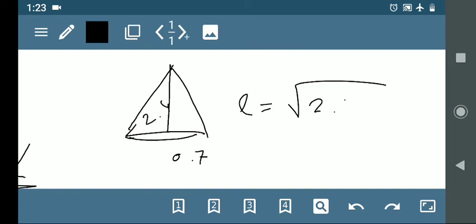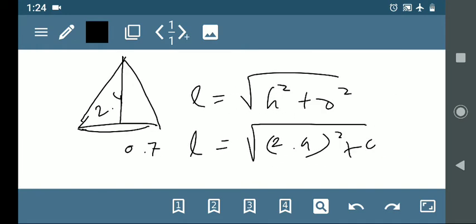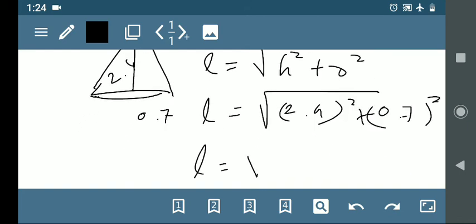L is equal to root of 2.4 square plus 0.7 square. 2.4 square is 5.76, plus 0.7 square, 0.49.